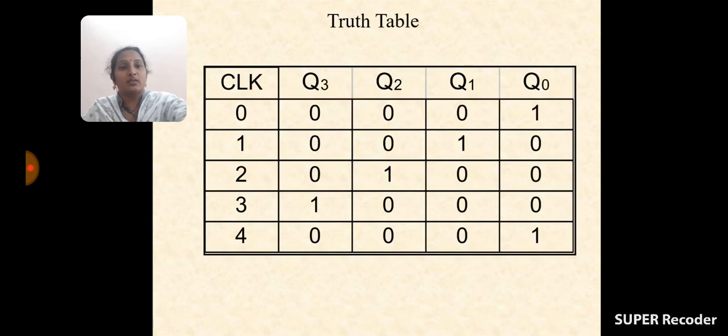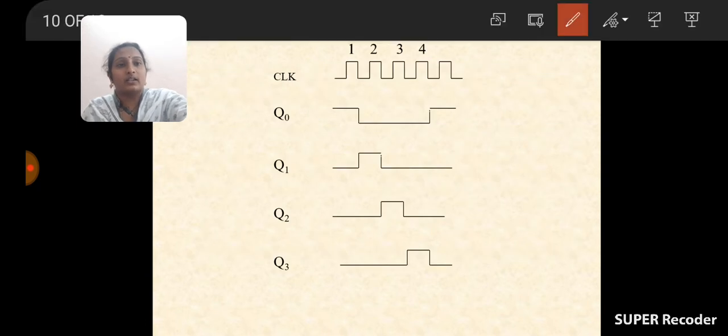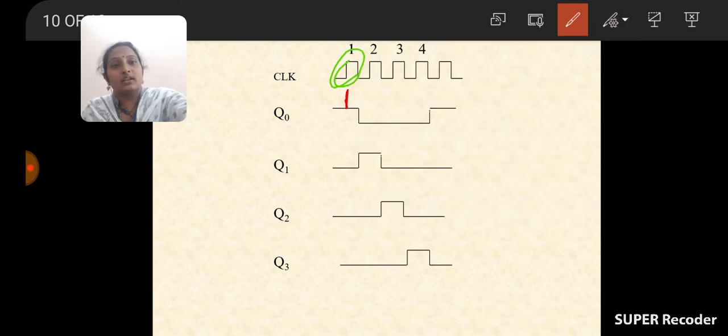Before going to the timing diagram, once you check, for the first clock Q0 is 1 and the rest are 0 0 0. For the second it is the same: every state has 1 one time and the remaining three are 0. So among 4 clock pulses, only one time it is high. See here clearly, for the first clock pulse Q0 is high and the remaining are 0 0 0.